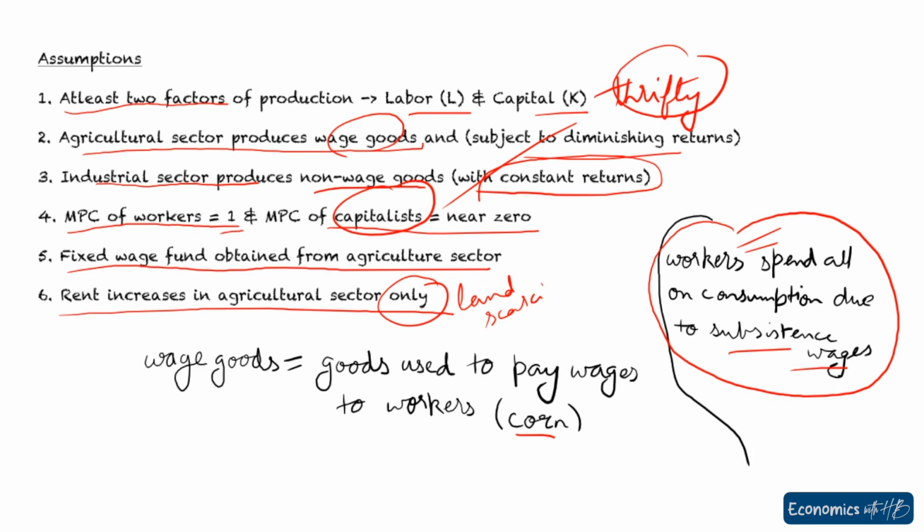Now, through this model, he made some observations. So, what were his observations? When a given amount of labor and capital are employed in agriculture, they produce enough agricultural output so that part of the produce is used in the agricultural sector itself and part of it in the industrial sector.